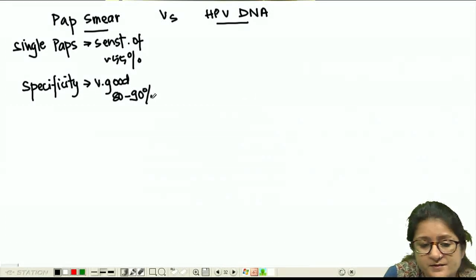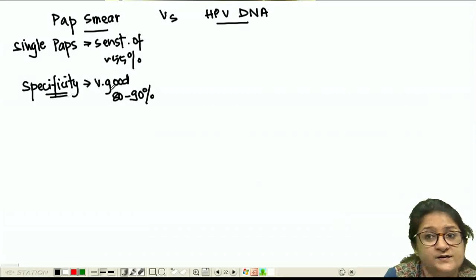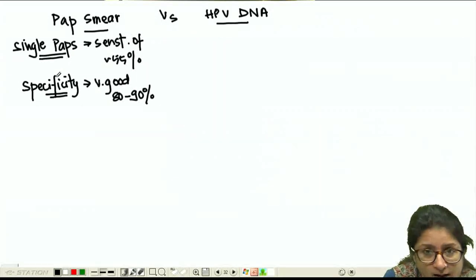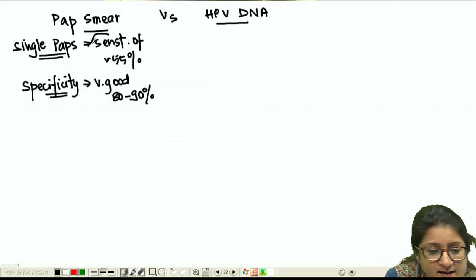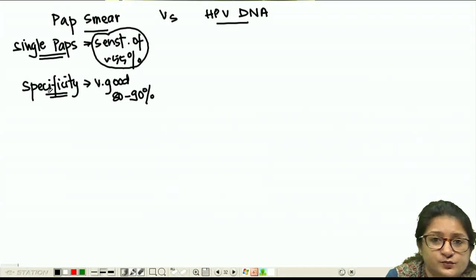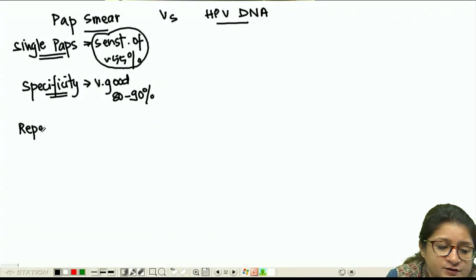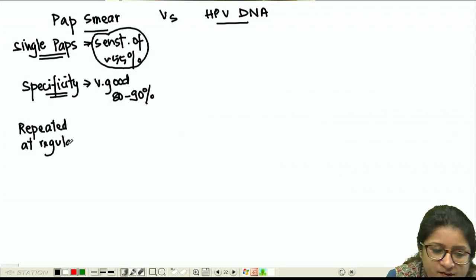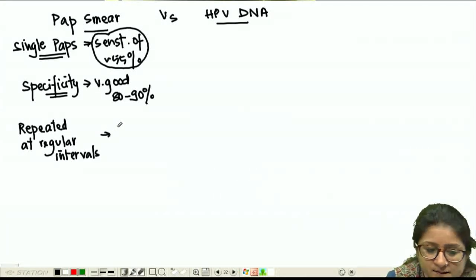That means if a pap smear says abnormal, it is very likely to be abnormal. But if a pap smear says normal or negative, the sensitivity is only 55%. So that is why the pap smear needs to be repeated at regular intervals to increase the sensitivity.